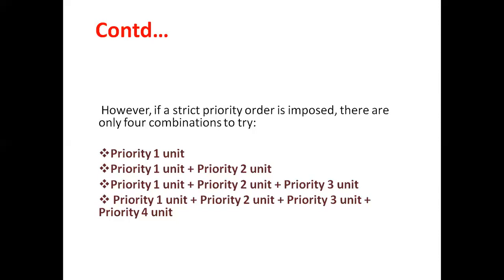So in our discussion of the priority list method, we have seen that we have to give priority depending upon the average full load fuel cost. If unit 1 has the minimum value of average full load fuel cost followed by 2, 3 and 4, the priority will be given to unit 1, then unit 2, followed by unit 3 and last unit 4.